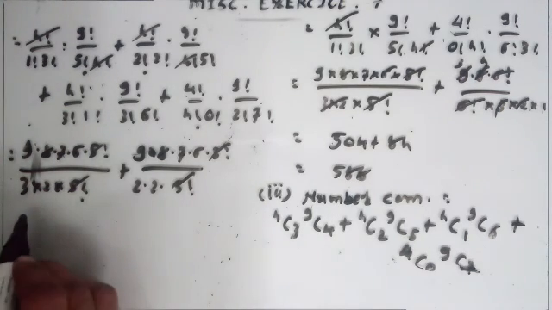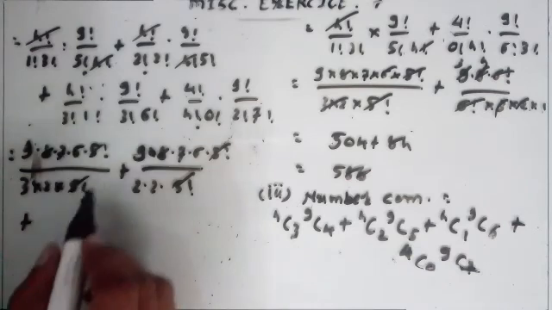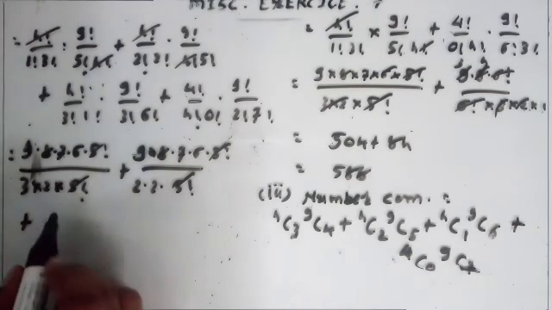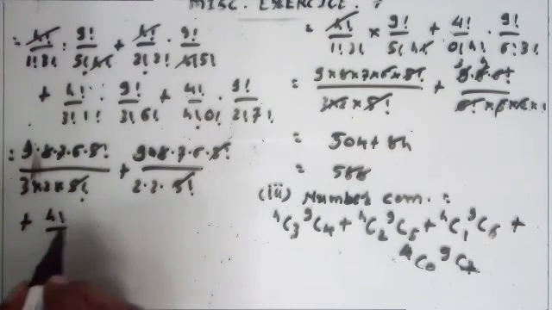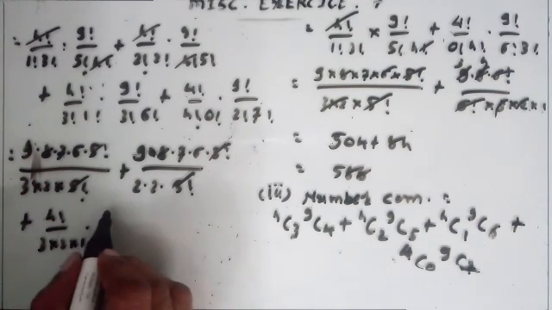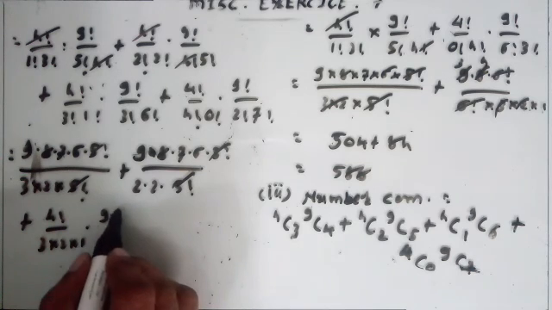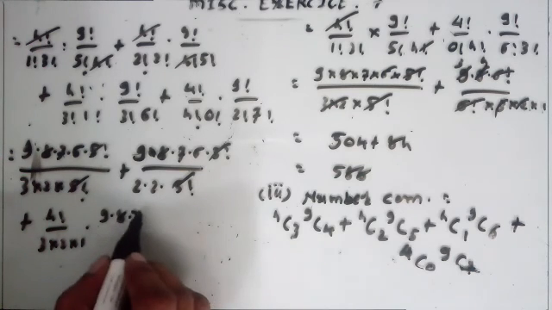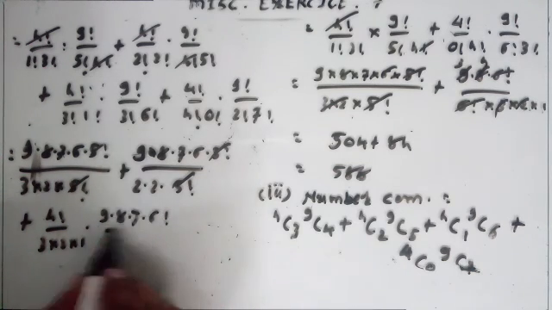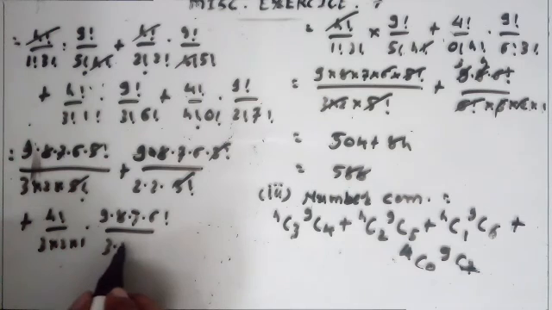So plus, now here 4 factorial upon 3 factorial, that is 3 into 2 into 1, into 9 factorial, that is 9 into 8 into 7 into 6 factorial upon 3 factorial, 3 into 2 into 1.